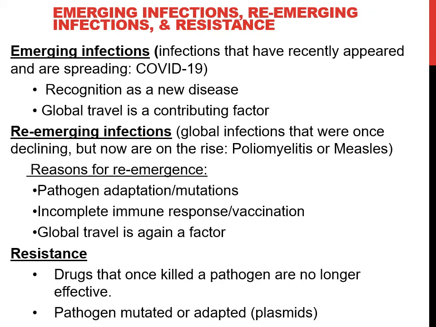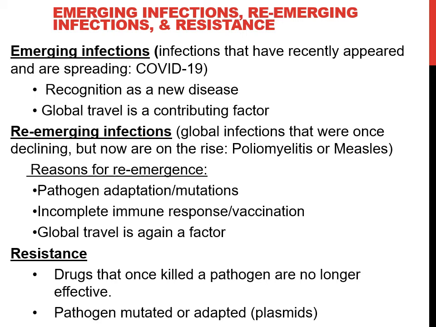Okay, so let's talk a bit about emerging infections, re-emerging infections, and resistance that we've already spoken about a bit. So emerging infections are new developing infections, and COVID-19 is a perfect example of this. So a viral infection that didn't exist before and that has created a pandemic around the world.